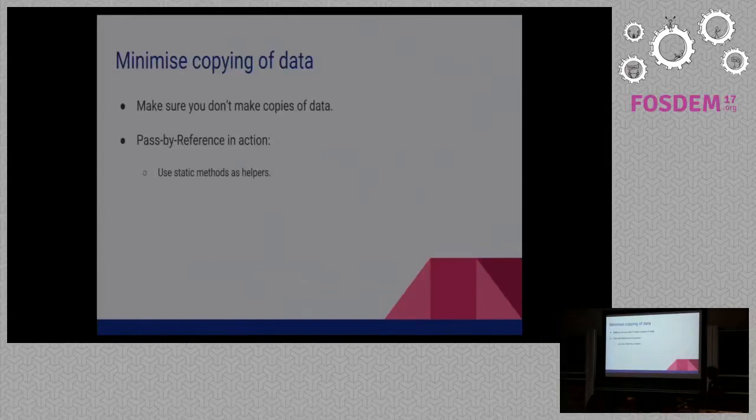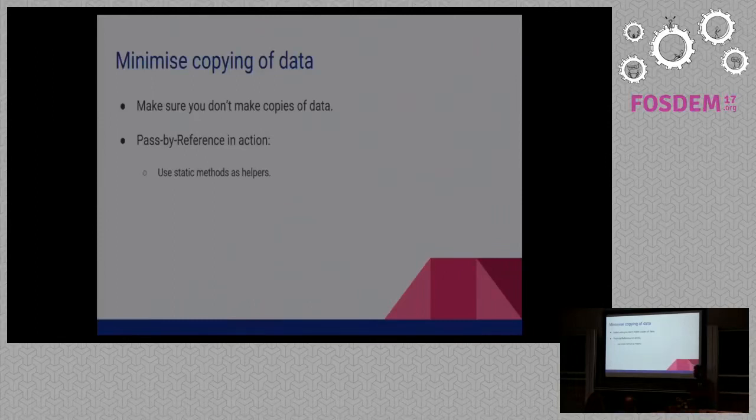So next is minimizing the copying of data. Whenever you build a JRuby application, you make sure that you don't make copies of data, because it already consumes twice the memory of CRuby. If you start making more copies and you have a larger matrix, it may totally destroy your GC.